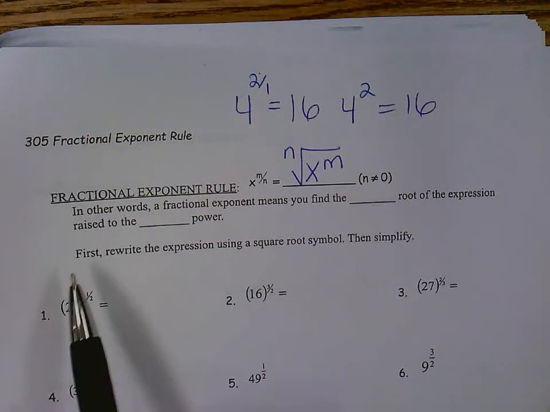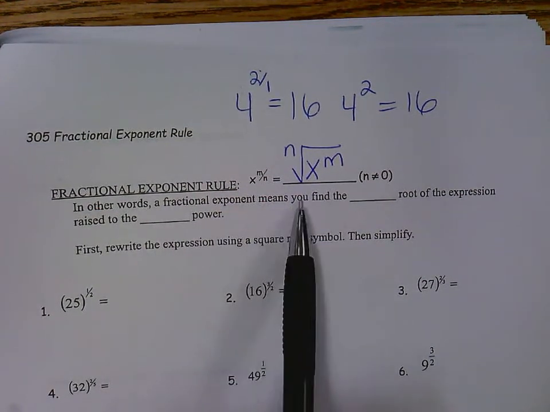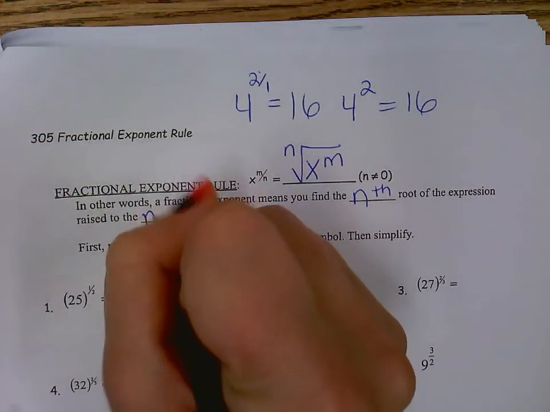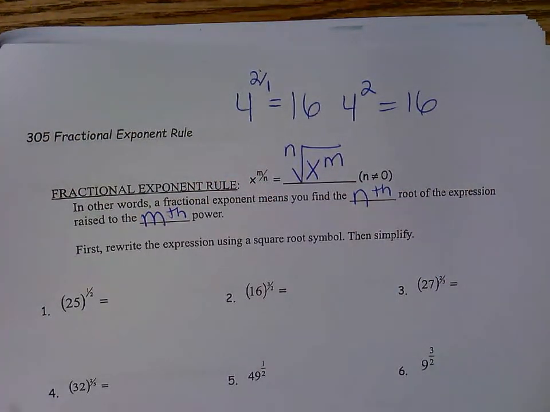So a fractional exponent means you find the nth root of the expression and you raise it to the mth power. The bottom is the root and the top part is the power. In the past, you've only ever worried about the top part. 4 squared is 16. I never really thought about the denominator. So the denominator is what's new.